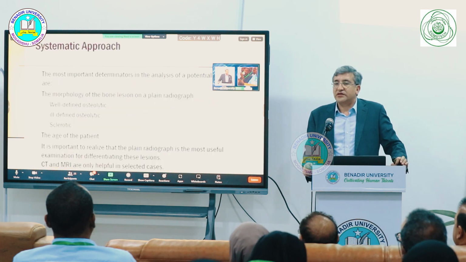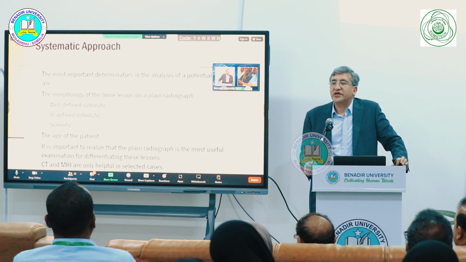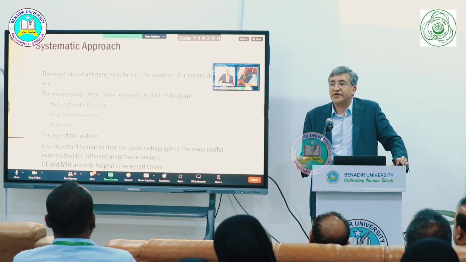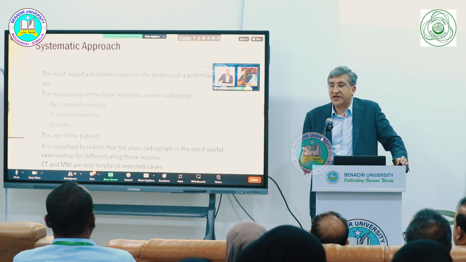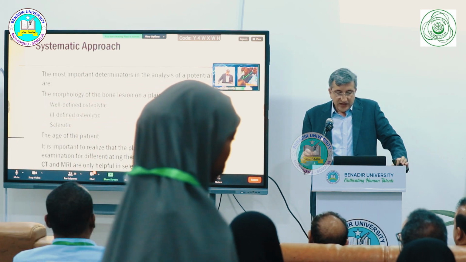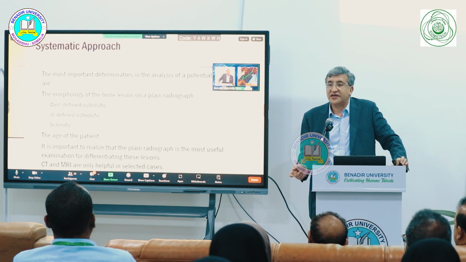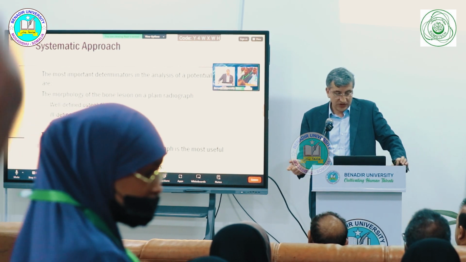There are 7 parameters which are taken into account when reading a bone pathology X-ray. First is the morphology of the lesion on plain X-ray: well-defined lytic, ill-defined lytic, or sclerotic.